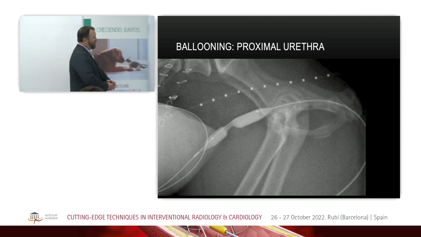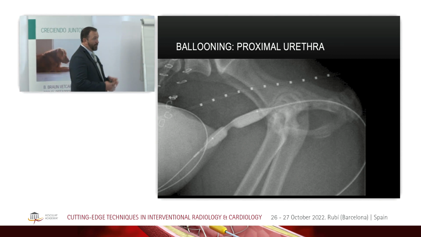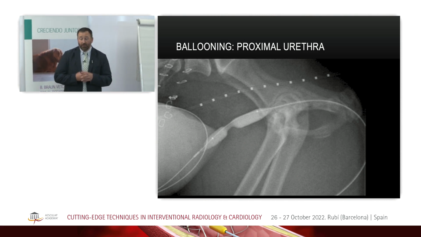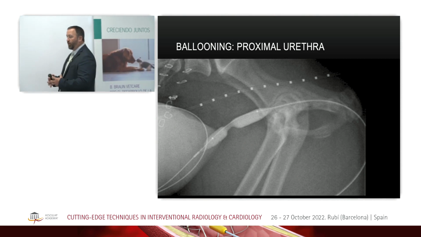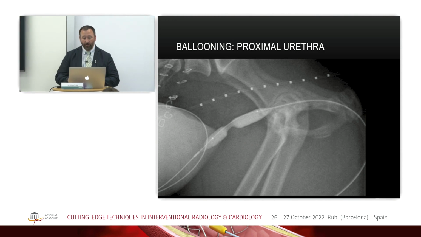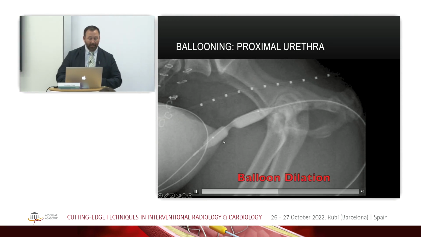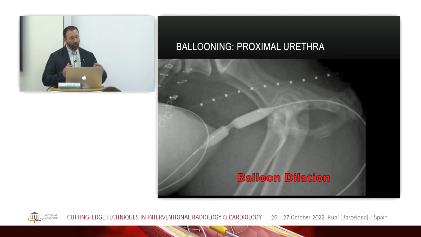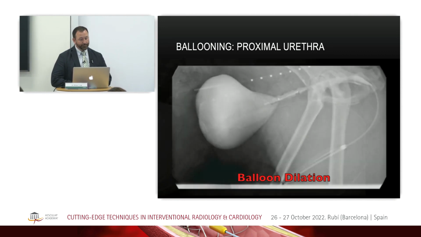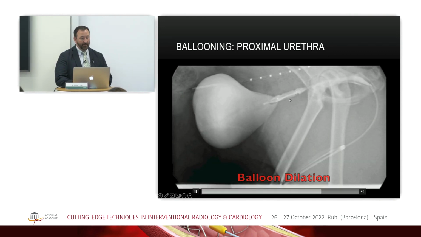But if you don't fully break down the fibers of that stricture and open that area up, it's going to immediately collapse down again, or at least in the first week or so. So you don't want to ever leave a stricture only dilated to this point. You want to keep adding pressure. We're going to keep putting pressure on that balloon, continue to dilate it, and eventually we're going to get it to open up.